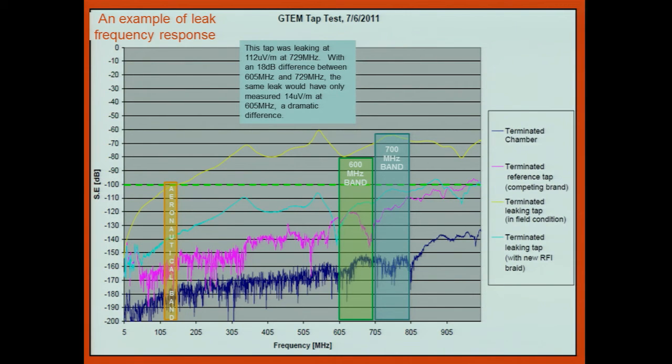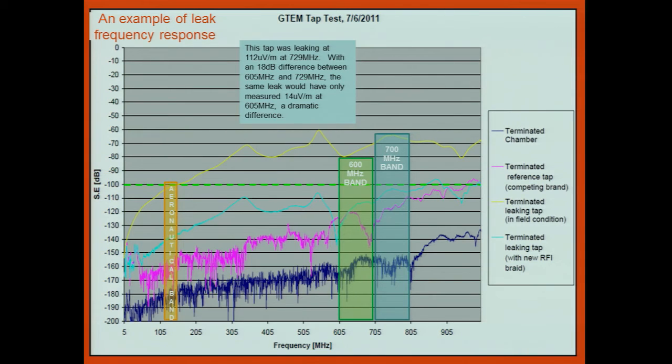However, at LTE, 700 megahertz, the shielding effectiveness was pretty poor. Now, we did the comparison here at near LTE and LTE just to prove a point. At near LTE, at this popular 600 megahertz frequency, the shielding effectiveness was better by 18 dB plus a 2 dB slope, so it was like 20 dB.